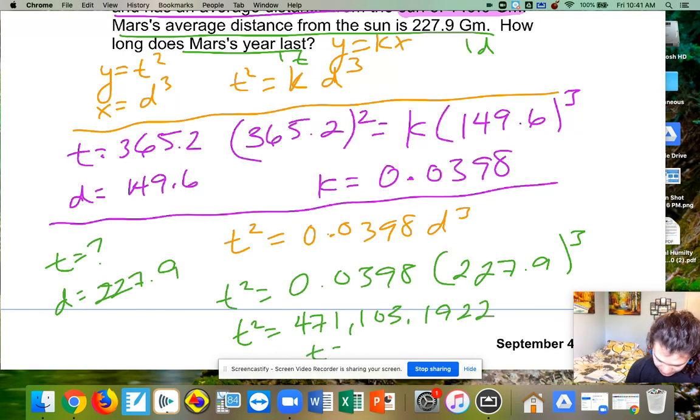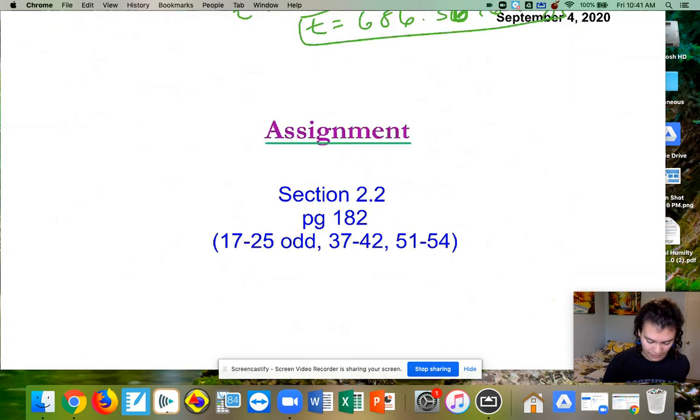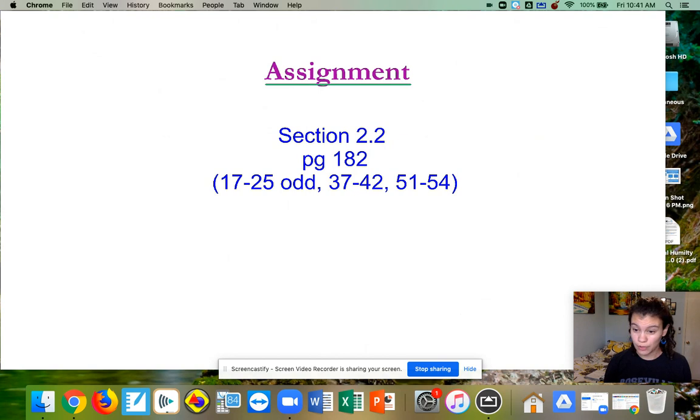Take the square root of both sides and you'll get 686.3696 days. And then make sure that makes sense, of course. But that would be your answer. So lots of steps, but each step itself is not that complicated. Your assignment is 2.2, so make sure you check on Schoology to make sure it's the right one. And that's it.